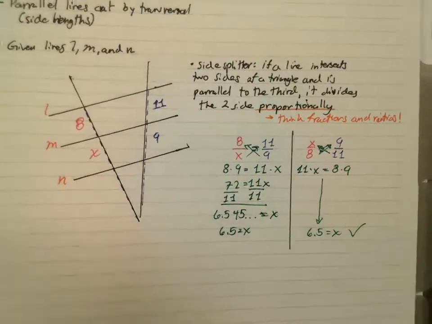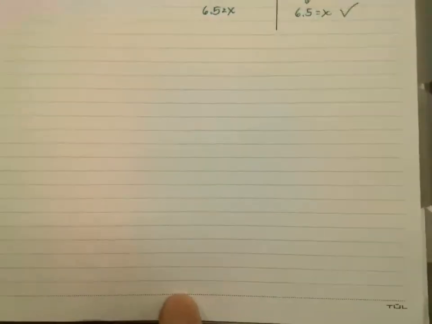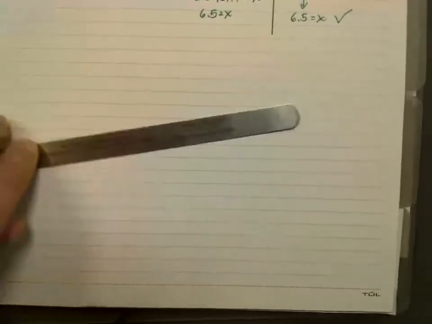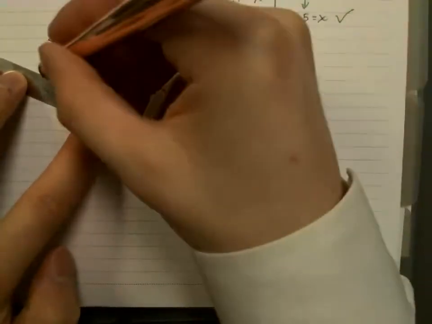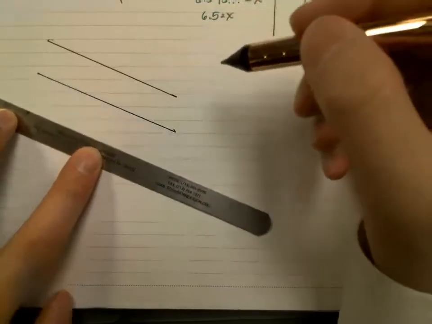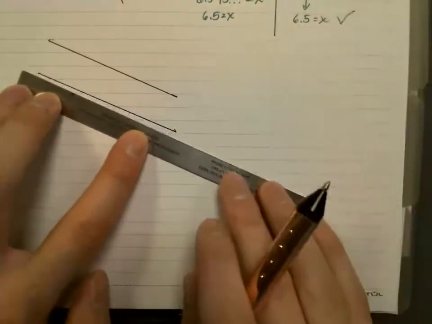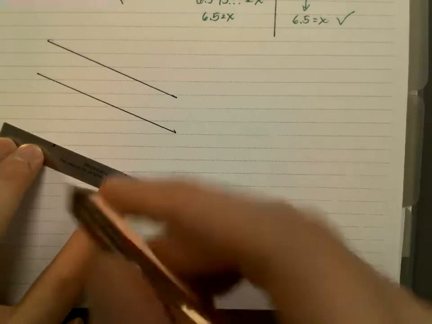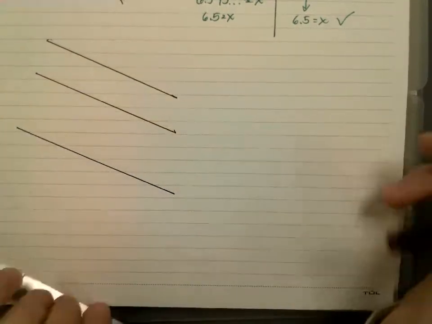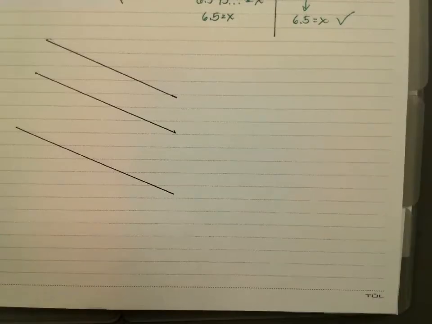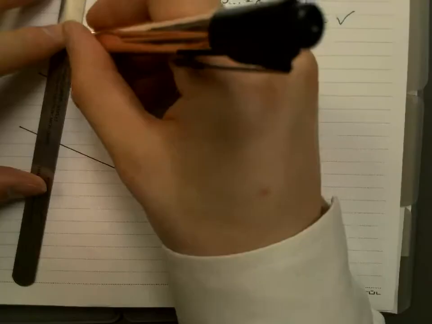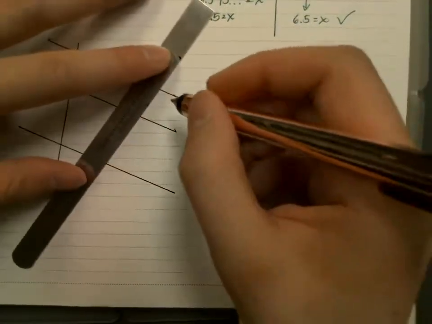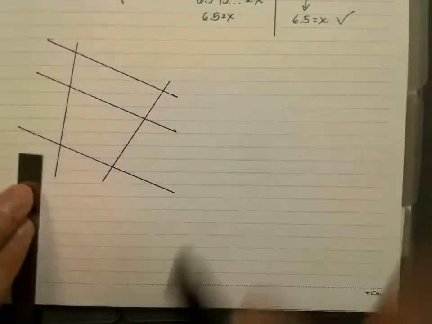All right, so let's look at another one real quick. Okay. So let's say, again, I have a similar situation. Okay. 3 parallel lines. And I have 2 lines or transversals cutting them here and here.